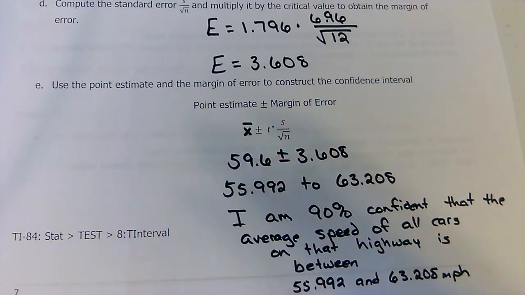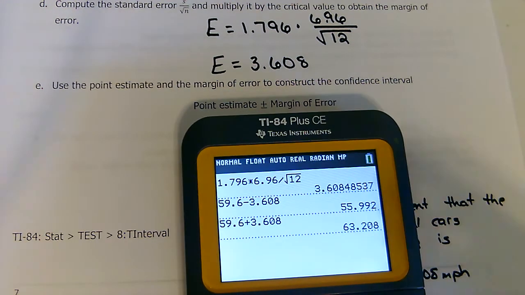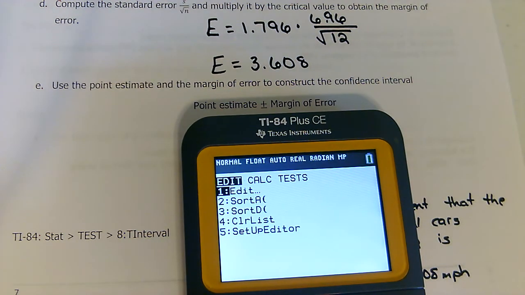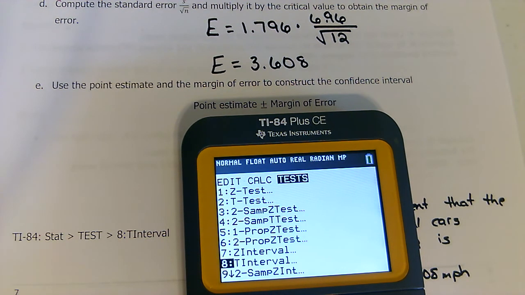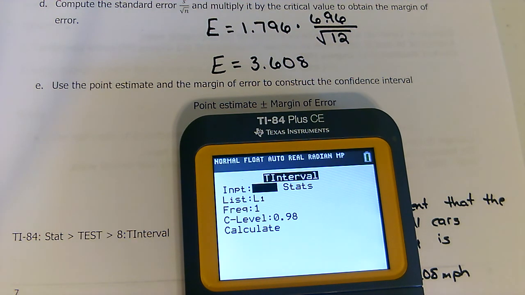It's under T Interval. Well, how neat. The other one was under Z Interval. This is under T Interval. So I'm going to go down to T Interval. And actually I had my data in there. So data was in L1. 0.90.